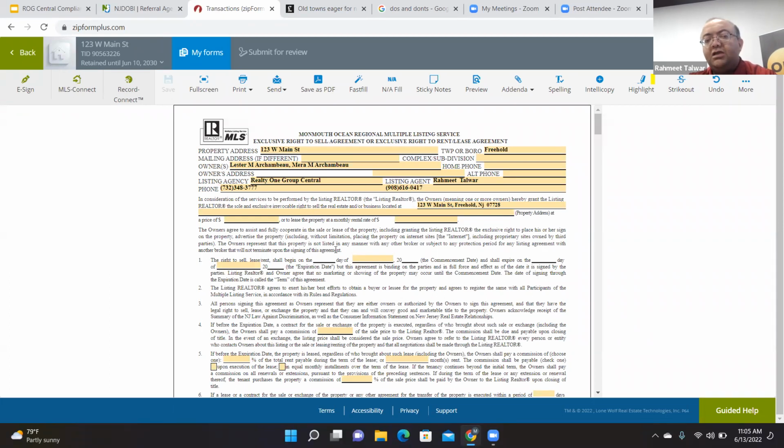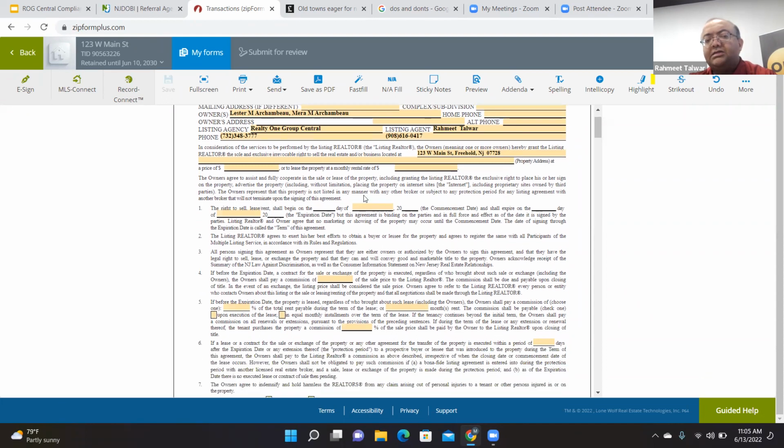A couple of key points on here. The listing date needs to be the date that you put it into the MLS. So if you have a coming soon, or something that is coming up in a week from now, this listing date is the day that it's actually entered into the MLS.